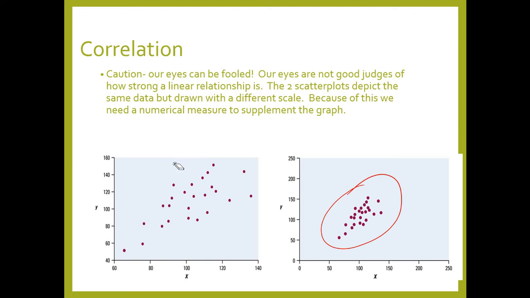And therefore, you might say, hey, the right one has a strong correlation, but the left one, this looks a little weaker. However, they're the exact same data, and that's why we have a statistic to help us, because we don't want to have to rely on what our eyes see.